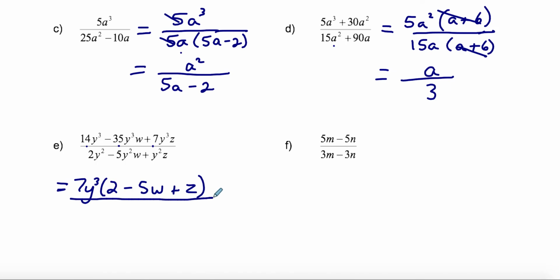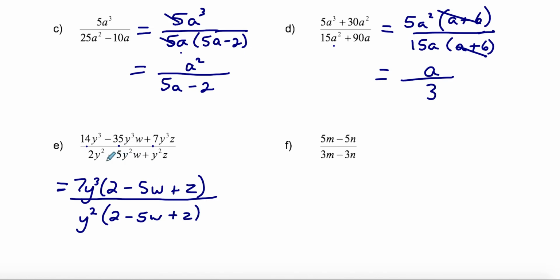And then in the denominator, so I take my greatest common factor. Oh, I can't divide by a coefficient. I can't divide by any of these numbers because 2 doesn't divide into the rest. But all the terms have a y squared. So I'll divide them all by y squared. I'm doing it this way because my rule is that I always factor first. What I'm left with is 2 minus 5w plus z.